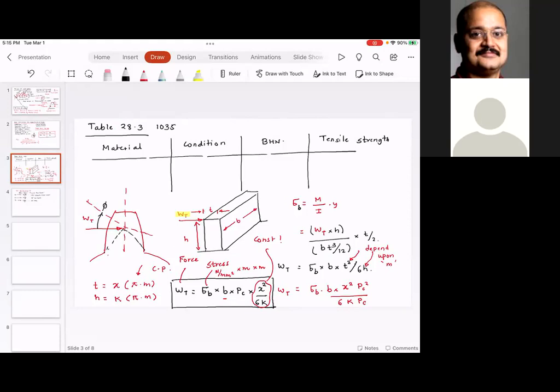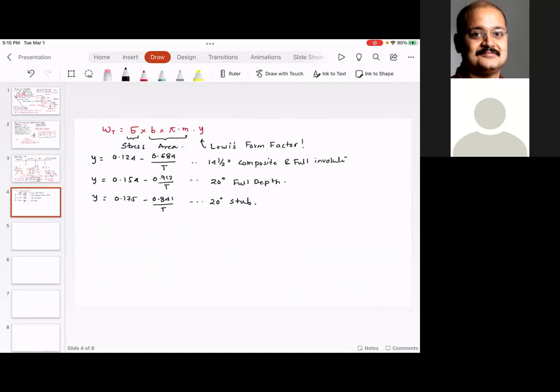So we actually ignored the dynamic effects. To account for dynamic effects, we consider something called the velocity factor. So this equation is the basic equation, but please understand this equation is good if the loading is static.